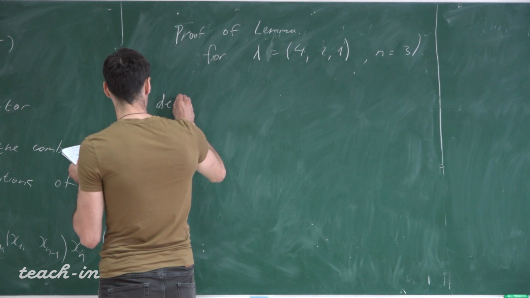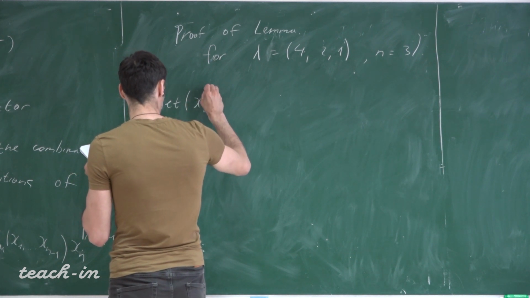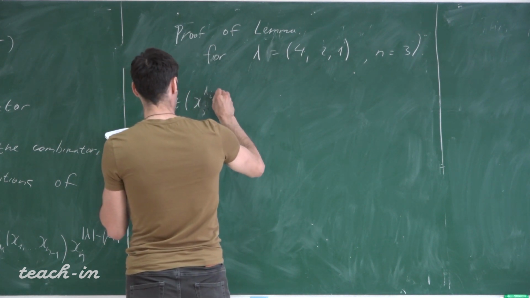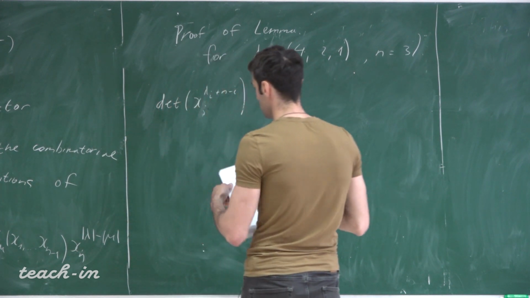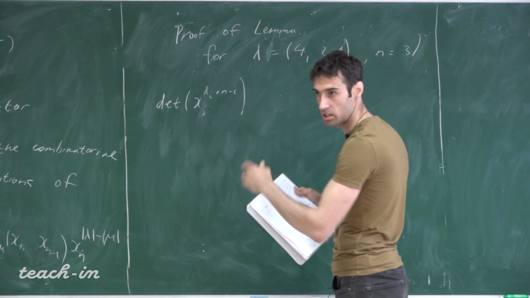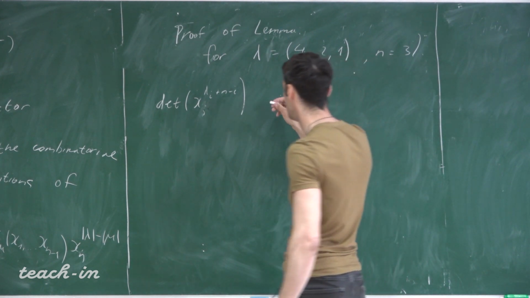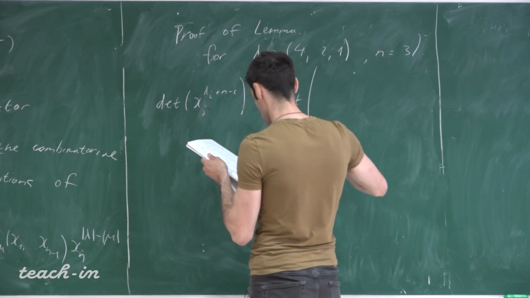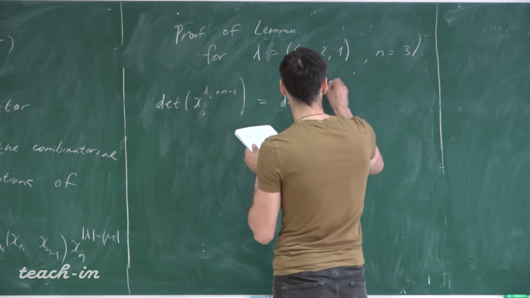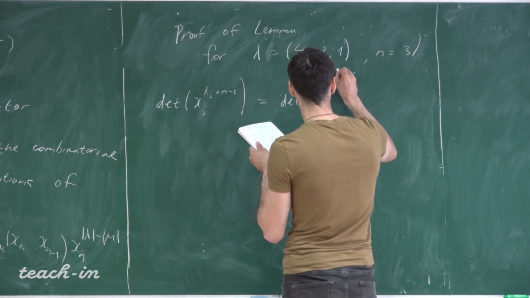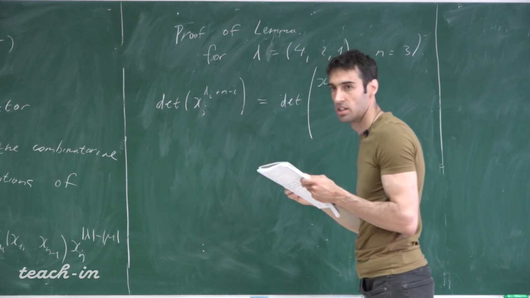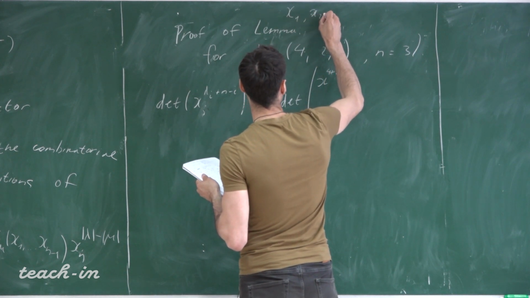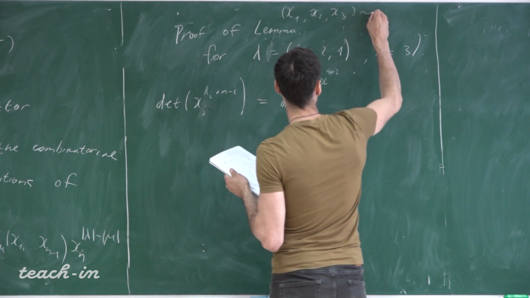In this case, the determinant of x_j to the power lambda_i plus n minus i, the numerator in the Weyl's character formula, is the determinant of such a matrix. We have x to the power 4 plus 2, and x1, x2, x3 will be labeled a little bit differently.